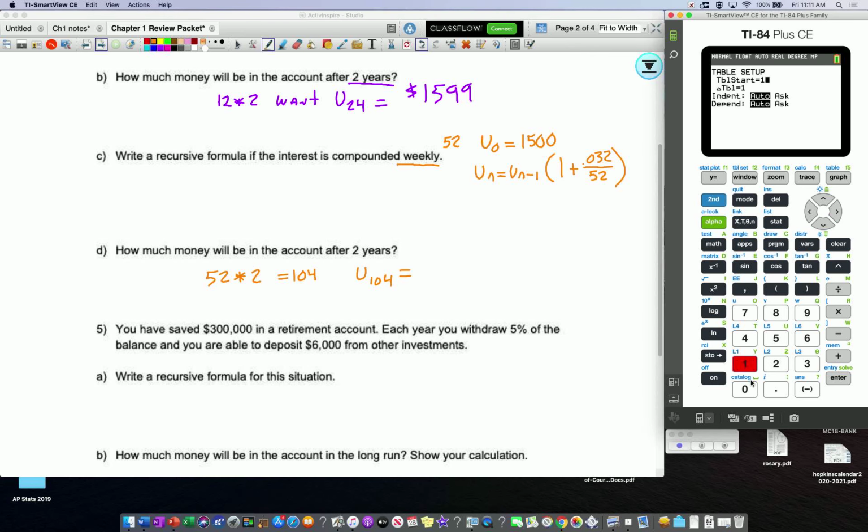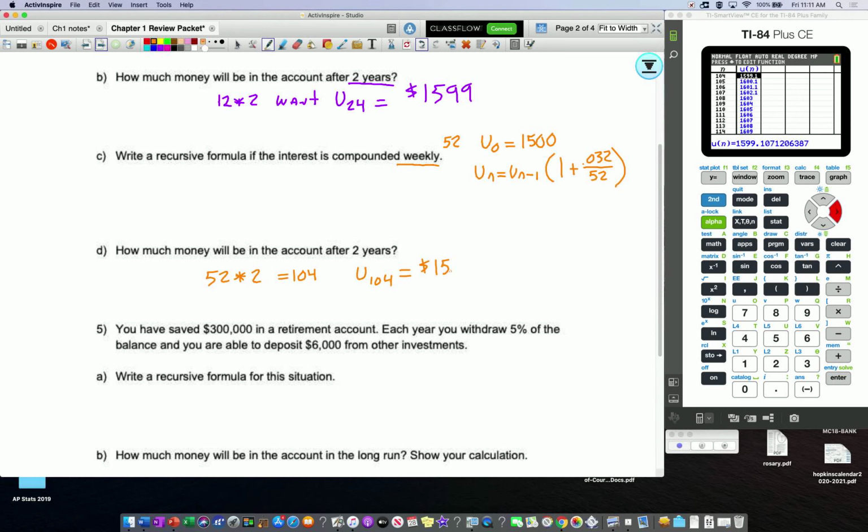So I go back to my table set, change it to 104, go to the table, so second graph, let the calculator think for a little bit, and if I look there, okay, you might be saying, well, Mr. Bart, it's not a whole heck of a lot difference, but it is a little bit, $1,599.11. So that answer, actually, you get 11 more cents if you got it weekly than monthly. All right, that takes care of number 4.